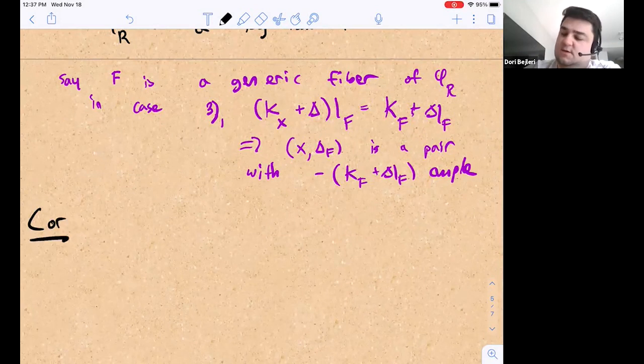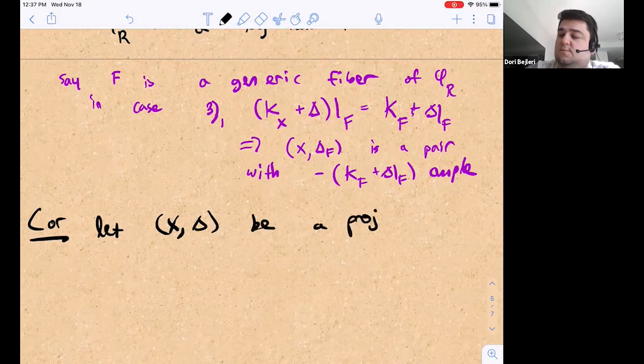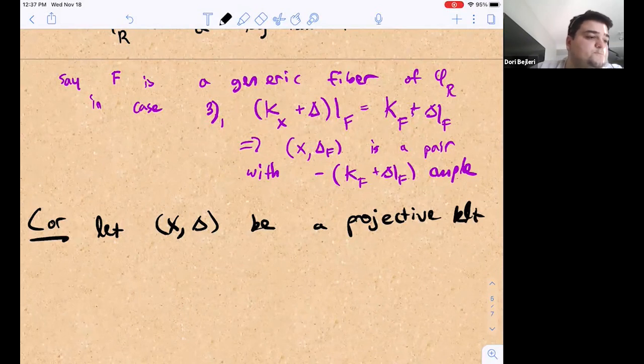So more precisely, let (X, Δ) be a projective KLT pair again, and R an extremal ray.